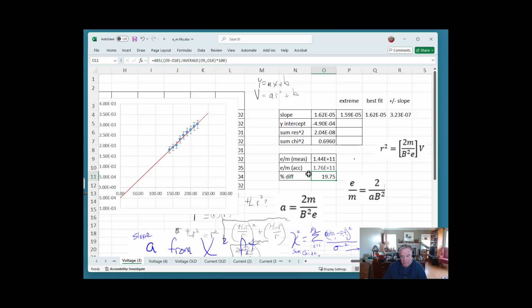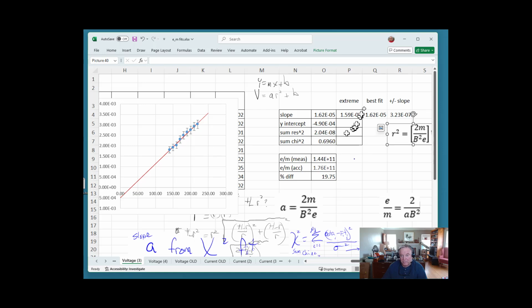And then we want to do a percent error. And so we need a plus minus of the E over M. So that would be using this one. So this equals 2 divided by this A divided by the B squared once again.